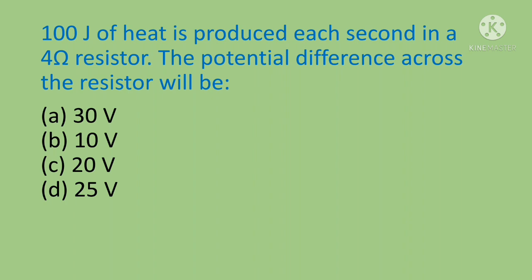The potential difference across the resistor will be, here heat is given, time it is 1 second, and the resistance of a resistor is 4 ohm. Then you should calculate the potential difference. V you are supposed to calculate. Here are the options: option A 30 volt, option B 10 volt, option C 20 volt, option D 25 volt.